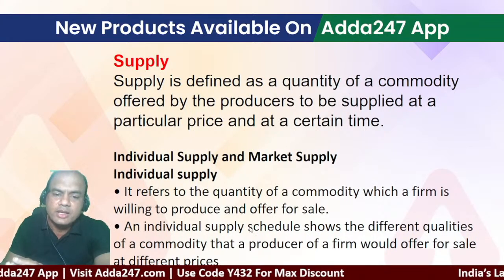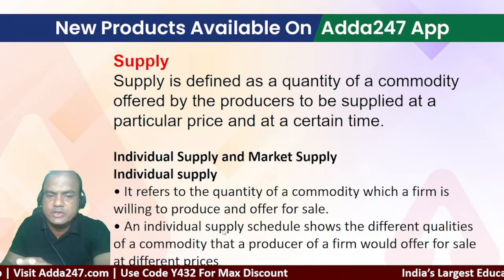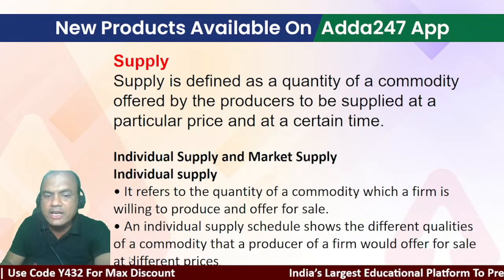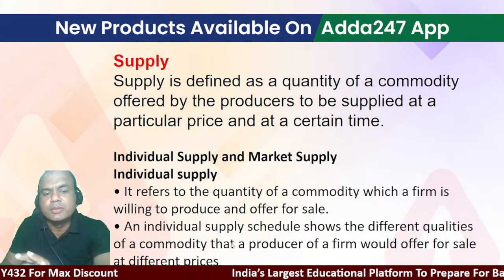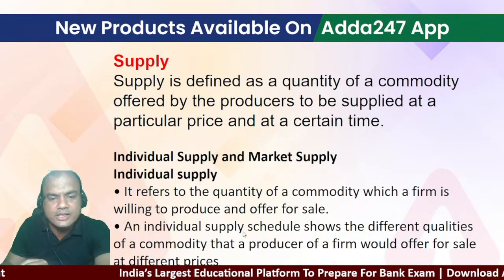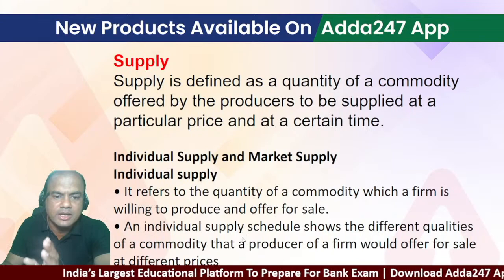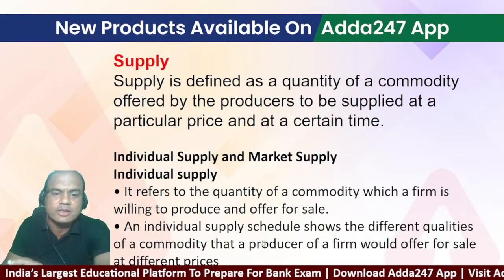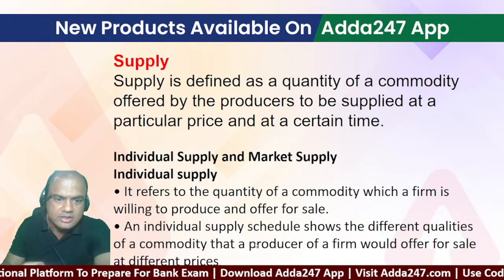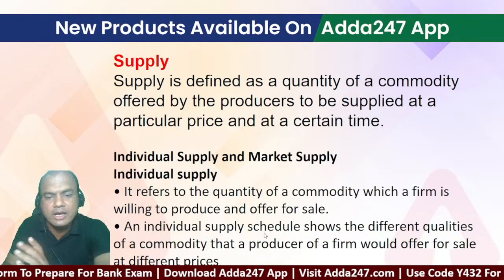So the important part over here is, like HUL, Hindustan Unilever. See here, offer for sale at different prices means basically Hindustan Unilever has 3 to 4 categories of soaps. Dove soap is the highest one, and at a lower level they also have certain soaps. Similarly, washing powders, they have higher level washing powder and lower level washing powder.